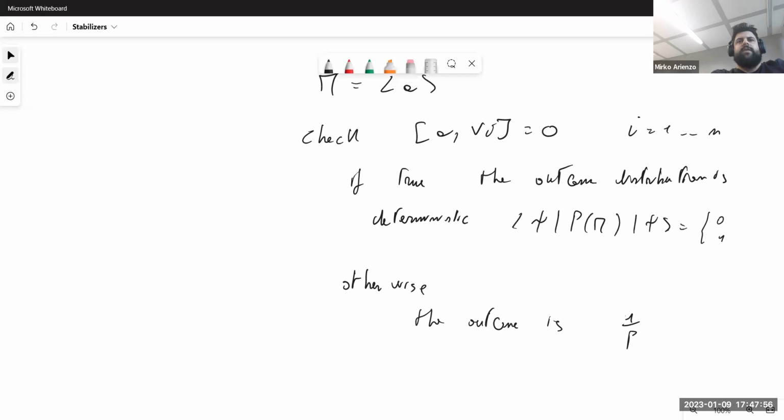If you want to look at the post-measurement state, the idea is that in the first case, your state would still be described by the same generators of the stabilizer group, and so you don't have to update them.